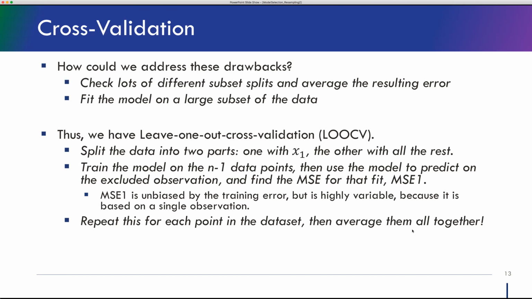Then we average them all together. This is your final cross-validation error, which is the average of all the mean square errors you got for each split.